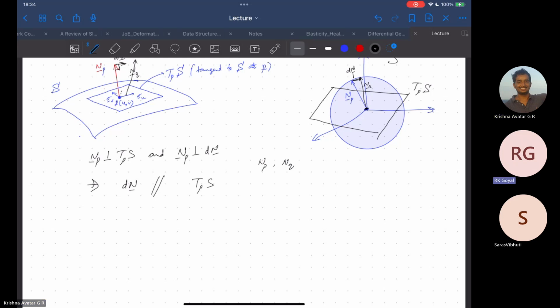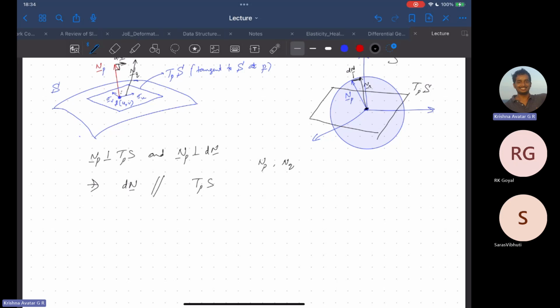My question is that just because we have Np here, does this guarantee that we are going to find an Nq in such a way that we can find a dn which is perpendicular to Np? The thing is, here we are not looking at that part. We are not looking at the existence of anything.